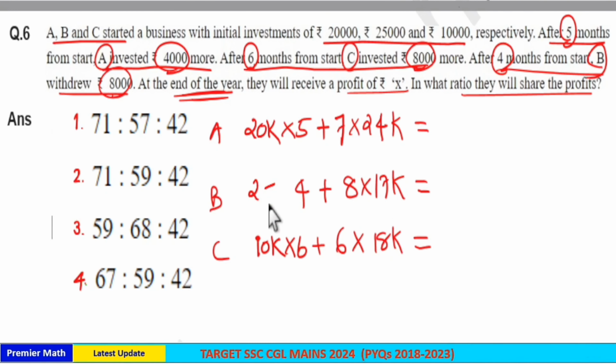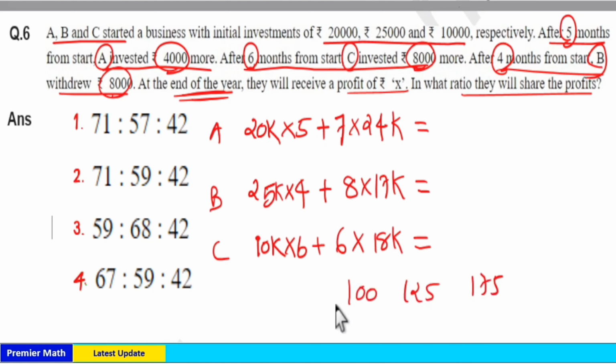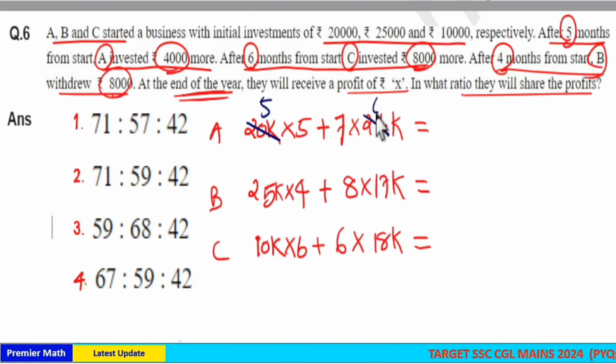Now take the ratio. Here if you get these three sums as 100, 125 and 175, you can cancel with 25. So you will get a 4:5:7 ratio. Same way, from this you can cancel 4,000. That is, 4,000 goes 5 times in 20, here 6 times in 24. Here you have to cancel 4 from each term because there is a plus sign between each term.